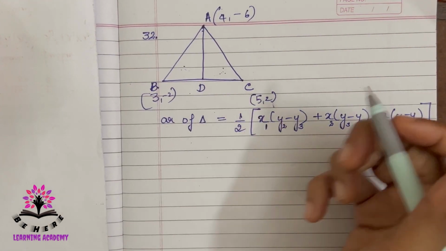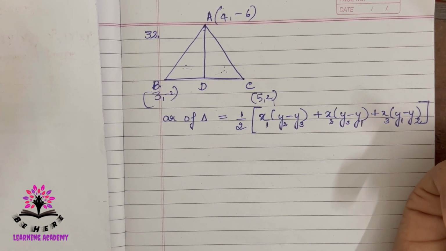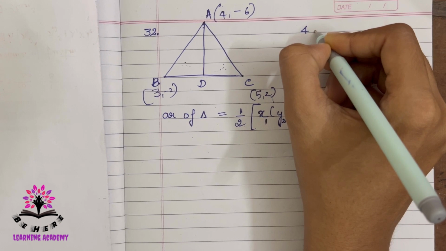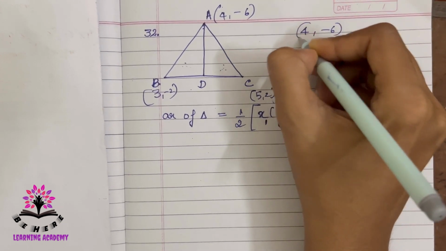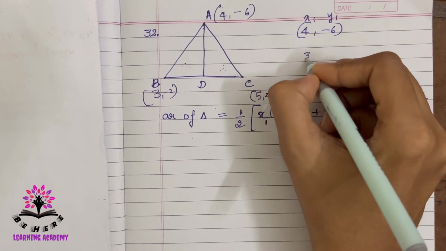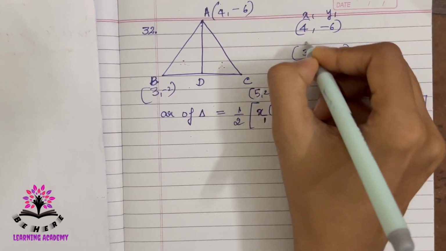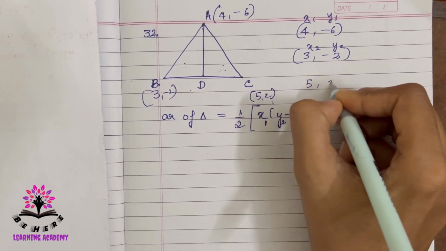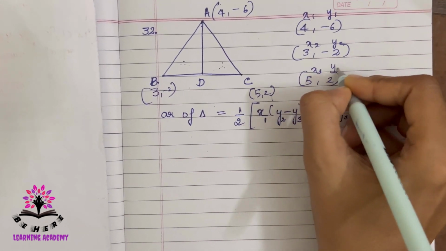Now let us write the values of x1, x2, x3, y1, y2, y3. So the first point is 4, minus 6, that will be x1, y1. Second point is 3, minus 2, x2, y2. Third point is 5, 2, that will be x3, y3.